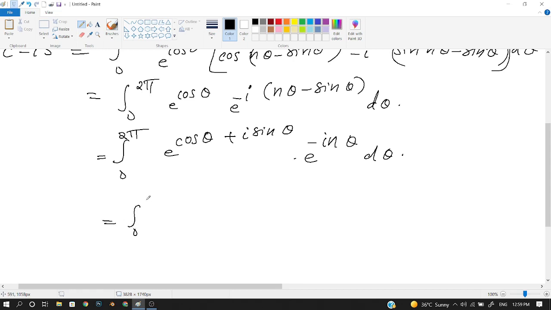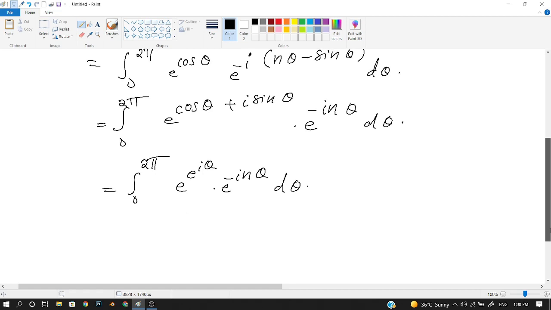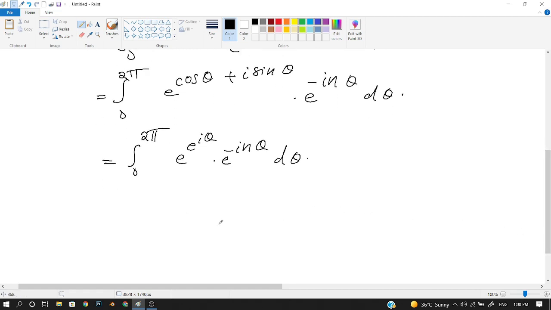Now this is same as integral 0 to 2 pi, here cos theta plus i sin theta, that is e raised to i theta, then into e raised to minus i n theta d theta. After that we can use the following substitutions.